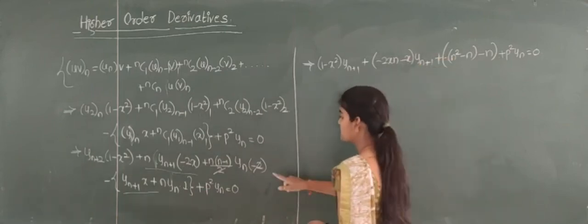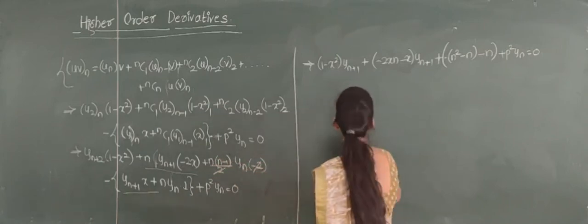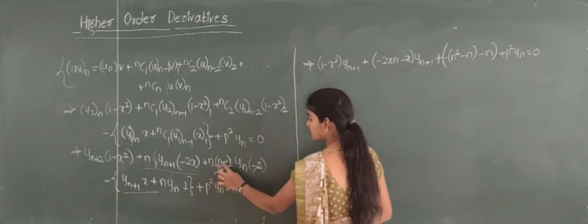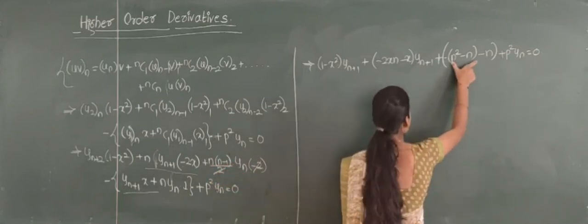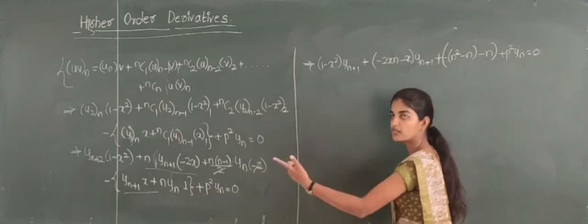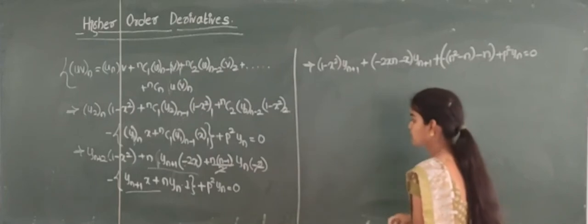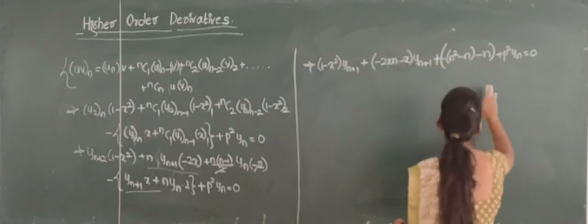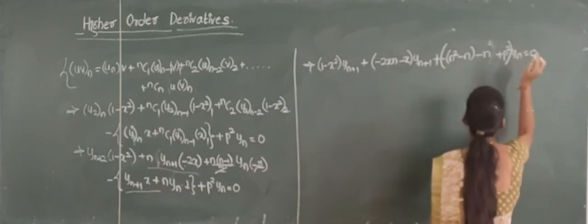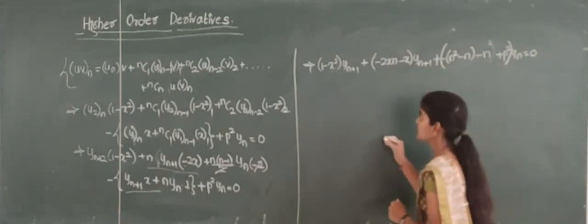With respect to yn, here we have a minus sign, which I have written, and n into (n square minus n) we will get, and in the last term we have n and again the minus sign, so it is minus n, and plus p square yn. Sorry, this p square I have to add in the bracket itself, because yn we have to take outside as the common term.